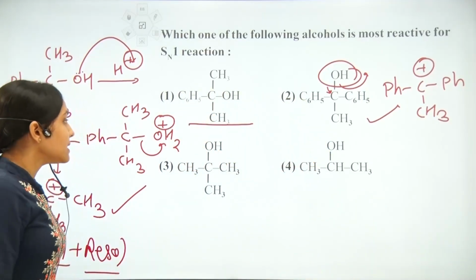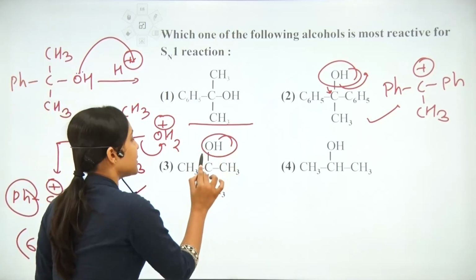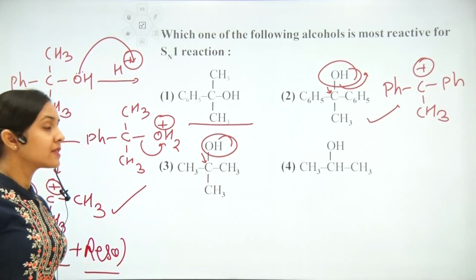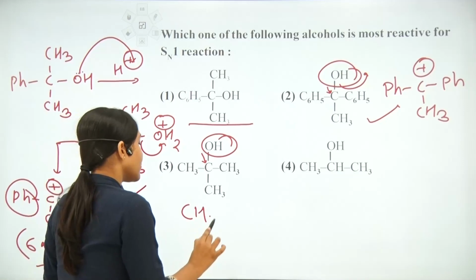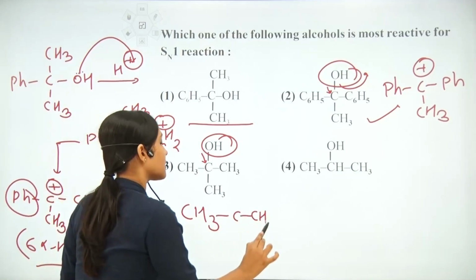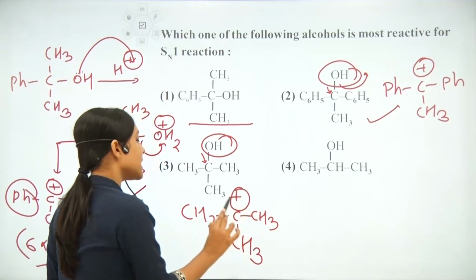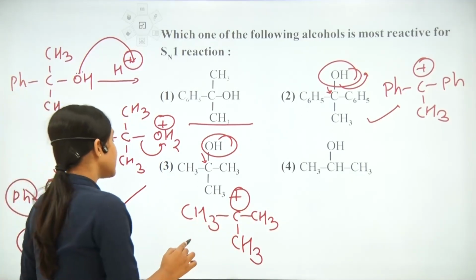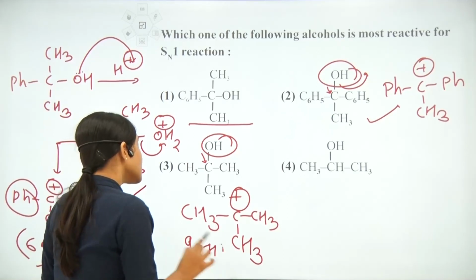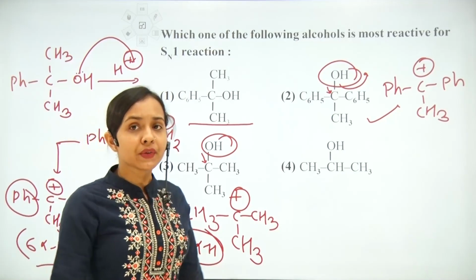Now in the third, when this OH group will leave and carbocation will form at this carbon atom, this is a tertiary carbocation, right? And this carbocation is not having any resonance, it will be stabilized by the 9 alpha hydrogens, right? So we know that resonance is the more dominant factor, right?